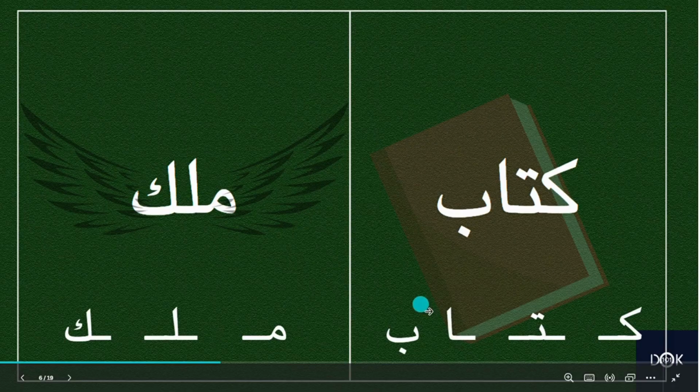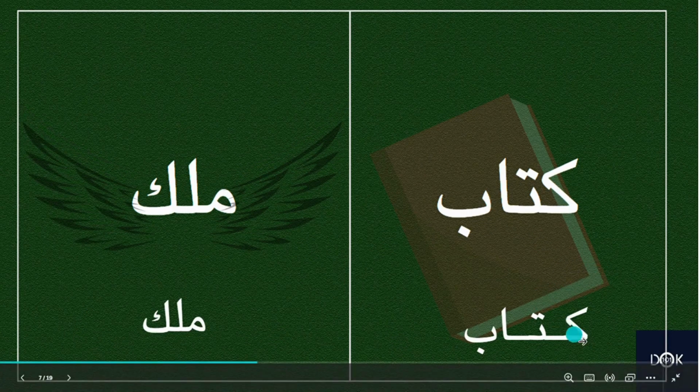Alif will not be connected to the letter after it, but lam is connected to both the letters, and it will always be connected to both the letters whenever lam appears in the middle of the word. If we join all these letters together, we are going to get the words kitab and malak. See, they look exactly the same.